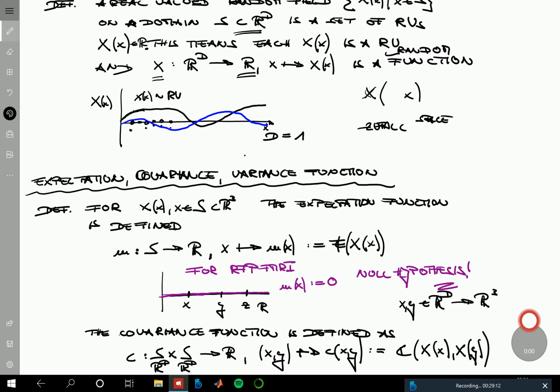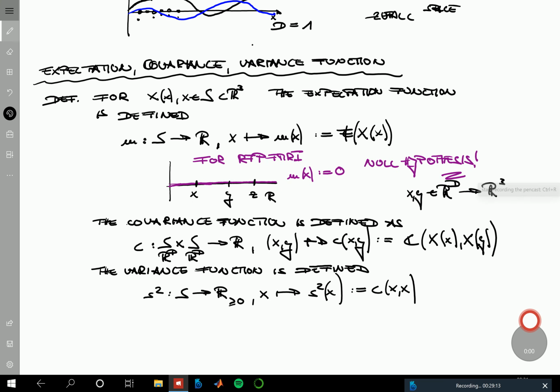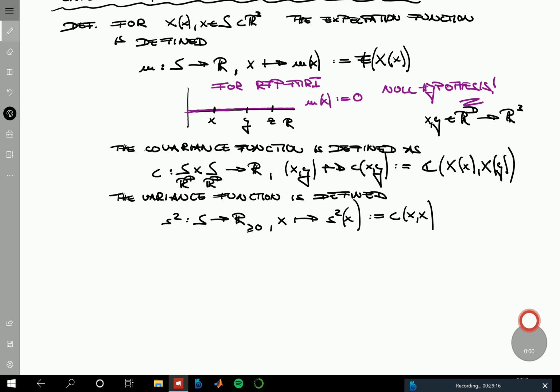Okay. Yeah, but I'm trying to understand how this expectation or covariance function compares to covariance and expectation parameters of normal vectors. Normal vectors? Why normal vectors? I mean, real valued vectors.